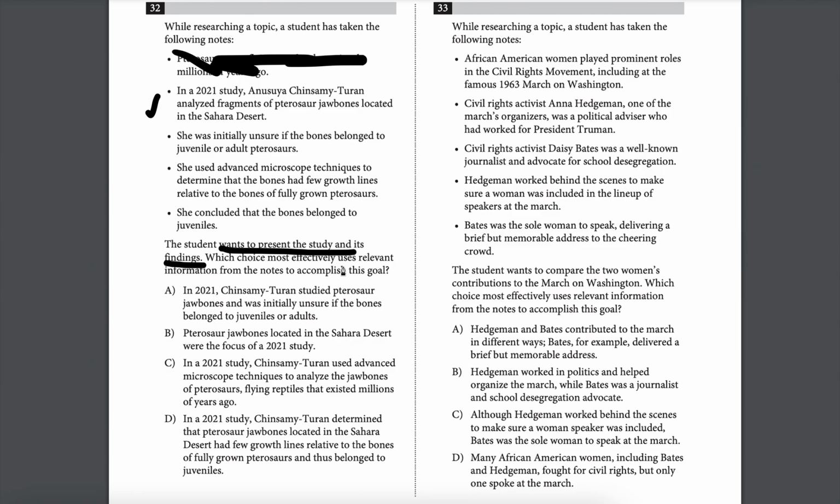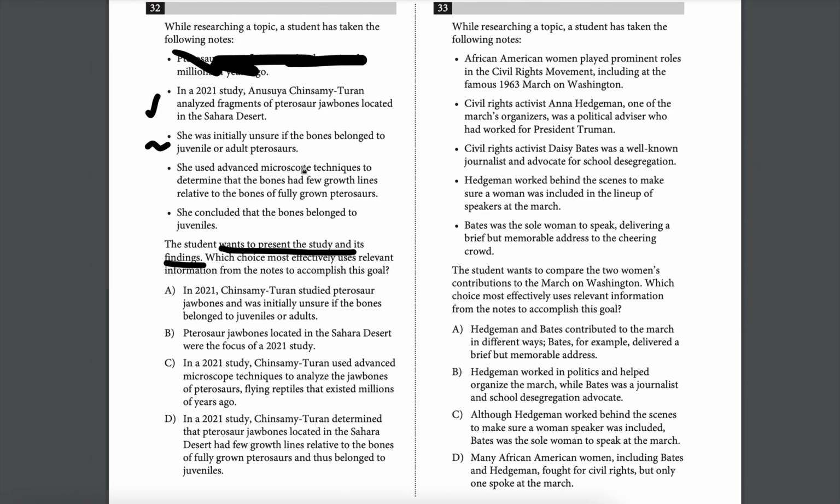She was initially unsure if the bones belonged to juvenile or adult pterosauruses. So, I think this does help present the study, but it is a little off topic because this claim is trying to convey, oh, she was unsure. This was her opinions on whether it was this or that. So in this case, I would not really think about it, but I'll leave it there.